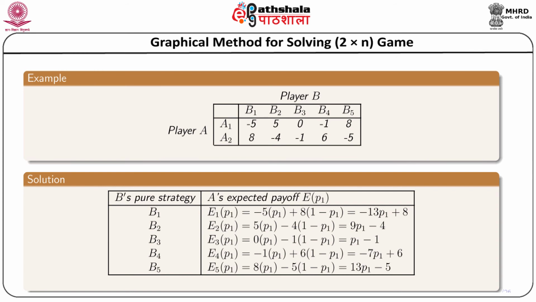So, we calculate A's expected payoff for each pure strategy of player B. Thus, for the pure strategy B1, we have A's expected payoff E1 equal to minus 13 P1 plus 8, and then similarly for B2, A's expected payoff E2 is equal to 5 P1 minus 4 (1 minus P1), which is equal to 9 P1 minus 4.